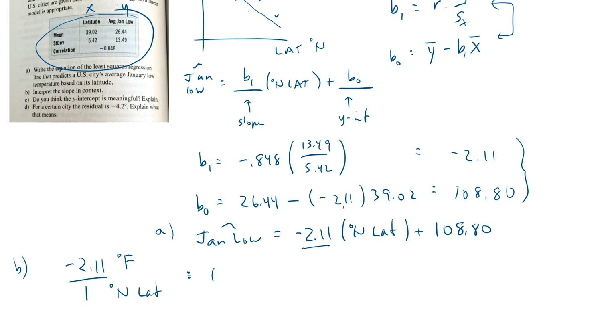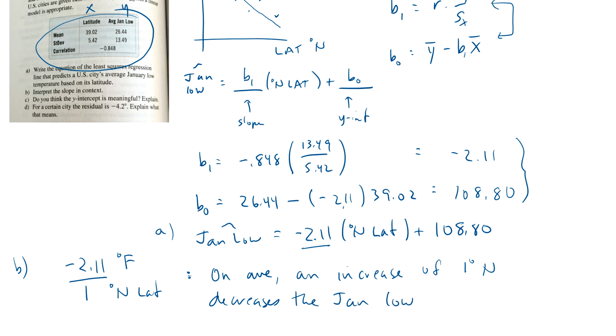That says, on average, an increase of 1 degree north decreases the January low temperature by 2.11 degrees Fahrenheit.